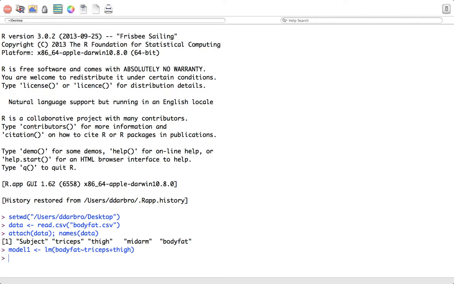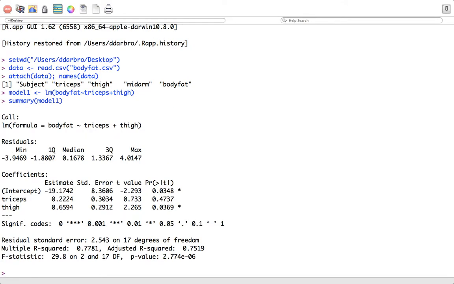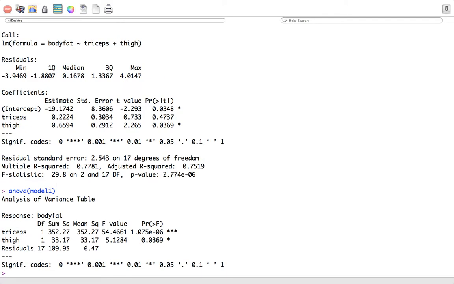I can do summary of my model. I really don't need it at this stage, but I want you to be aware of this. And I can run ANOVA of my model 1 and get what I need. So in this situation, I can see that my sum of squares error for x1, x2 is going to be 109.95.